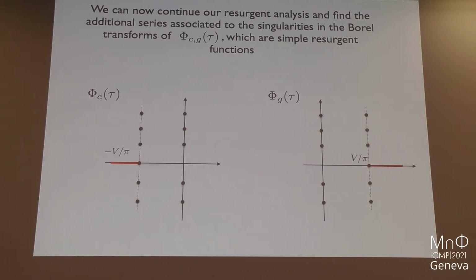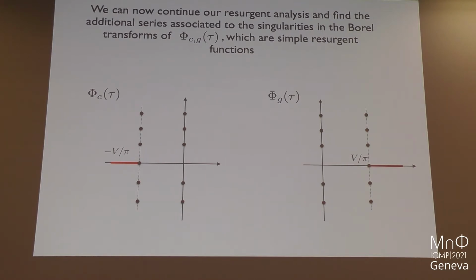They lead to two new towers of singularities for phi c of tau, which was the series that appear in the left tower of the phi 0. You will have two towers, one along the imaginary axis here, and the other on top of minus v over pi.